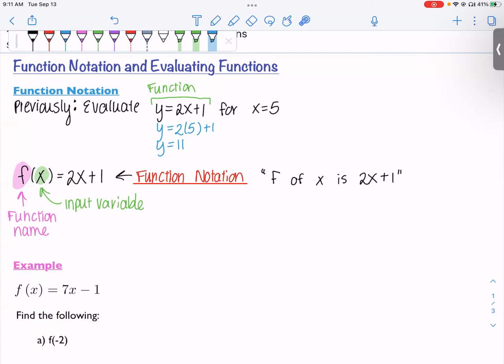Big note here: this kind of looks like multiplication, like f multiplied by x, but that is not f multiplied by x. This is notation, and it says the function, whose name is f, takes the input variable x, and the function itself is 2x plus 1.